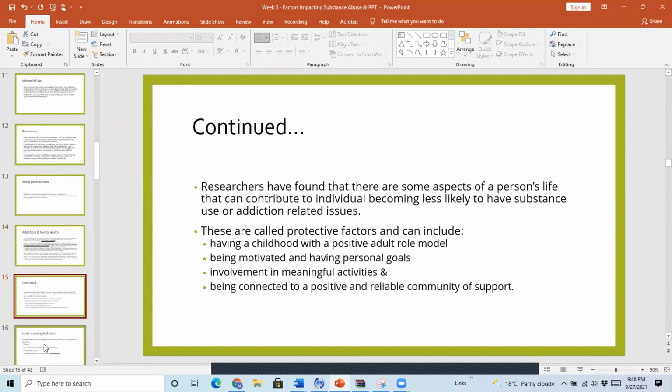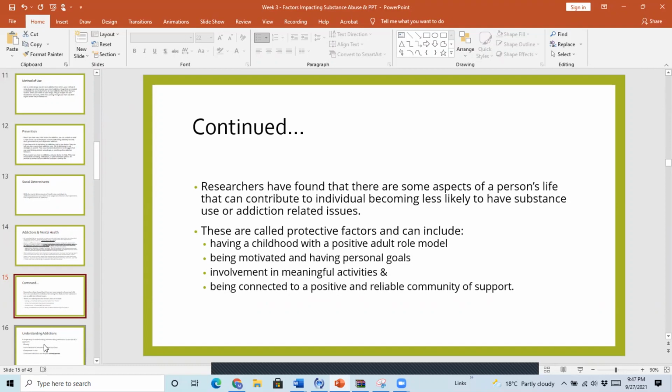Now, researchers have found that some aspects of a person's life can make an individual less likely to have substance use or addictions. These are called protective factors. These are the things happening in somebody's life that protect them from becoming addicted.